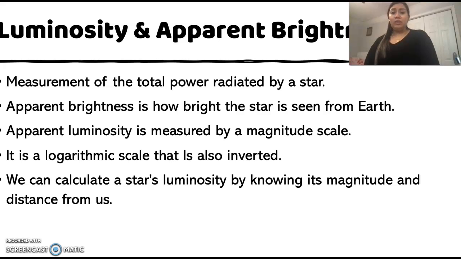It is a logarithmic scale that is also inverted. It is a logarithmic scale because a change of 5 in magnitude changes the apparent brightness by a factor of 100. And it is inverted because the larger magnitudes are dimmer. We can calculate a star's luminosity by knowing its magnitude and its distance from us.